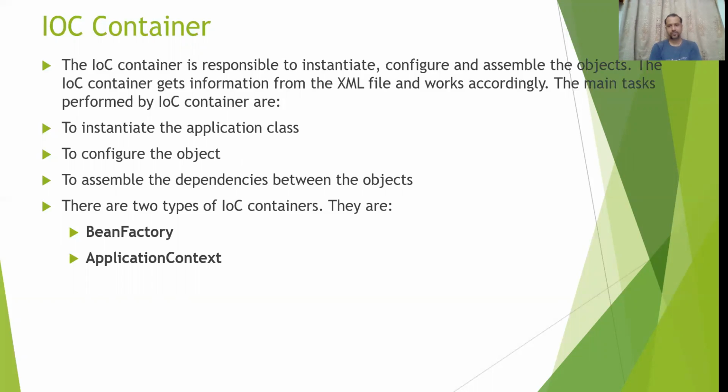It works on the dependencies between the various objects, and it gets the information from the XML file that we have already seen. We created one XML file, one simple class, and another class having the features of Spring.